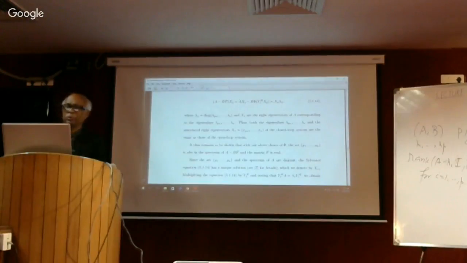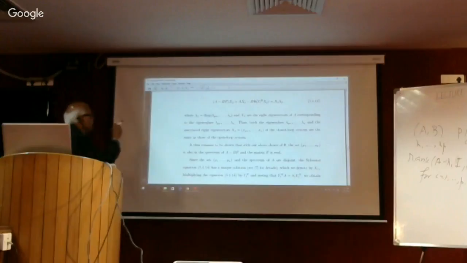Then with that F, this is a part of the book, we can show the following: that A minus BF times X2 equals X2 lambda 2. There is some mathematics here which I have omitted.